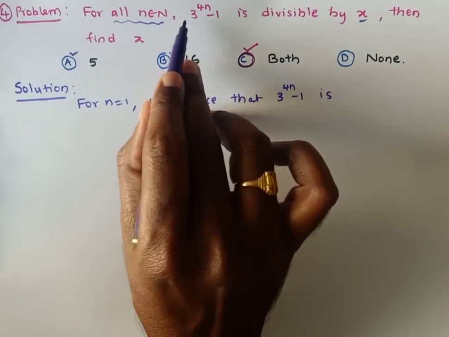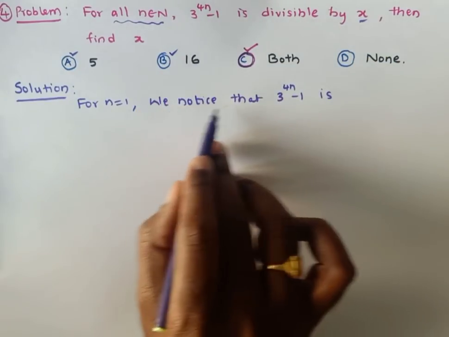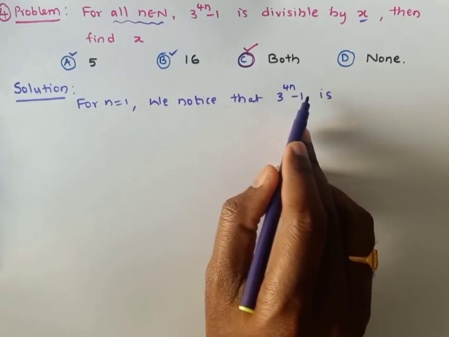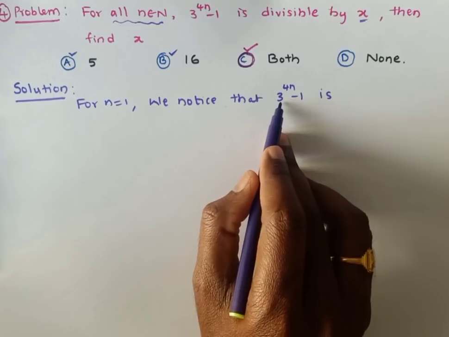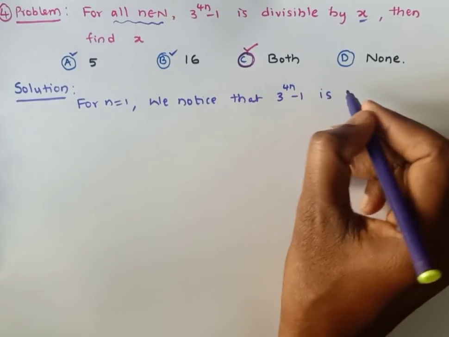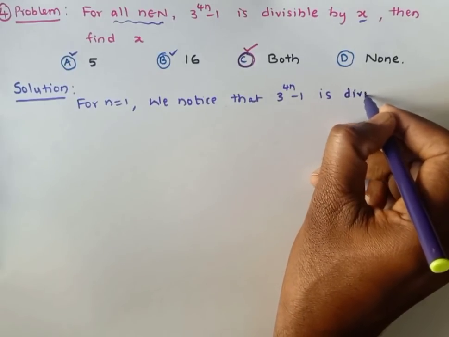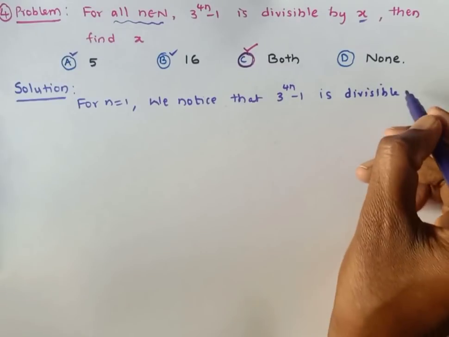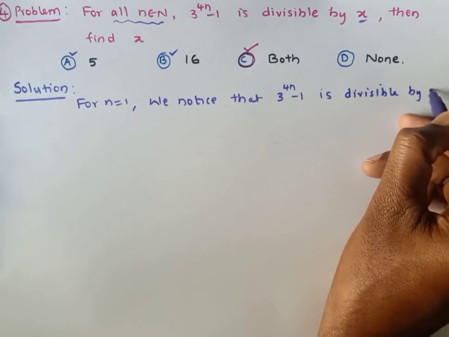So let us start with n equals to 1. We notice that 3 to the power of 4n, 4n means 4 into 1, so 3 power 4 is nothing but 81. 81 minus 1 is 80. So compulsorily it is divisible by 80, right? Here we can notice that this is the maximum number. So it is divisible by 80.